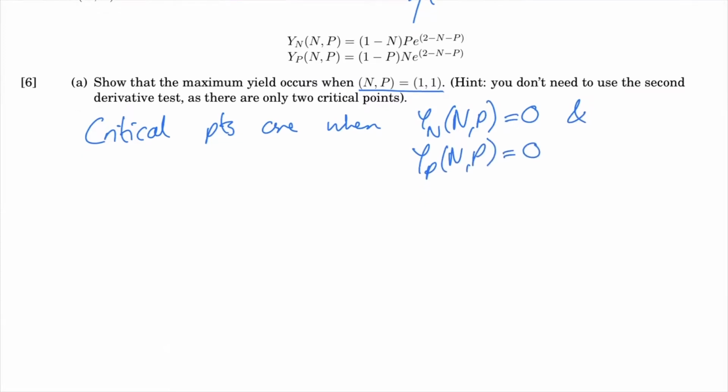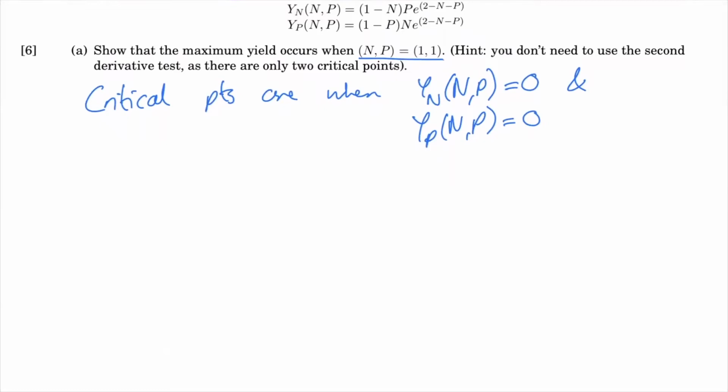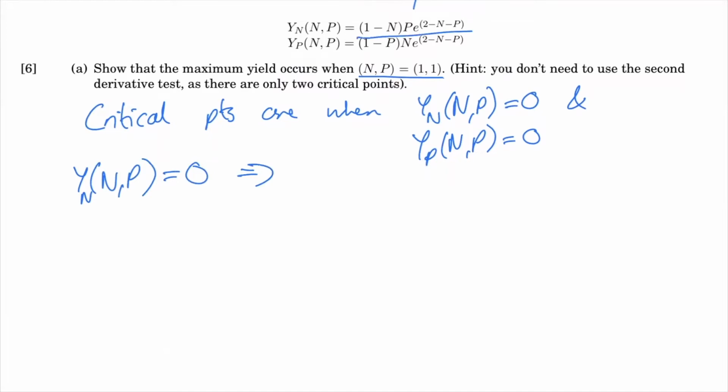Okay, so we need both of these things to be true simultaneously. So let's look at our y sub n. It's equal to 0. Well, that implies that this bit on the right-hand side, 1 minus n, p, e to the 2 minus n minus p, is going to equal 0.